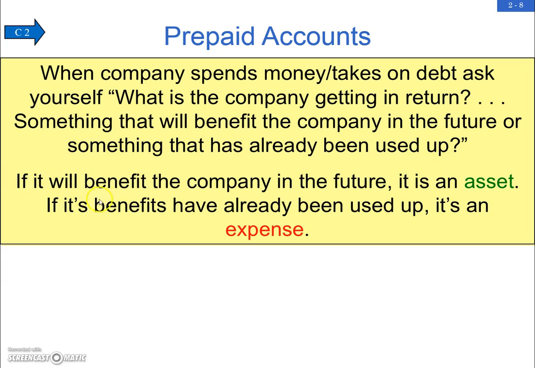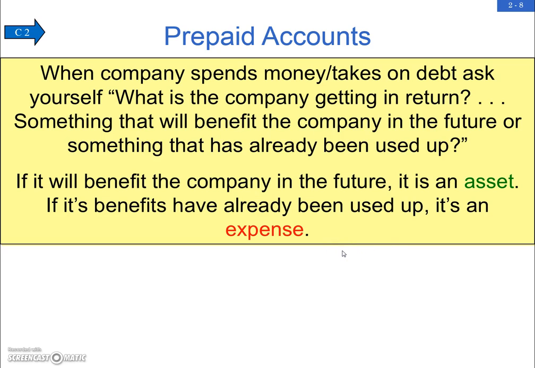Now, if what we're getting in return is something that will benefit the company in the future, you know it's an asset that the company has received and we need to record an asset. If, on the other hand, we've spent cash or taken on debt and what we're receiving in exchange is something whose benefits have already been used up, then it's an expense and we need to record an expense specifically.